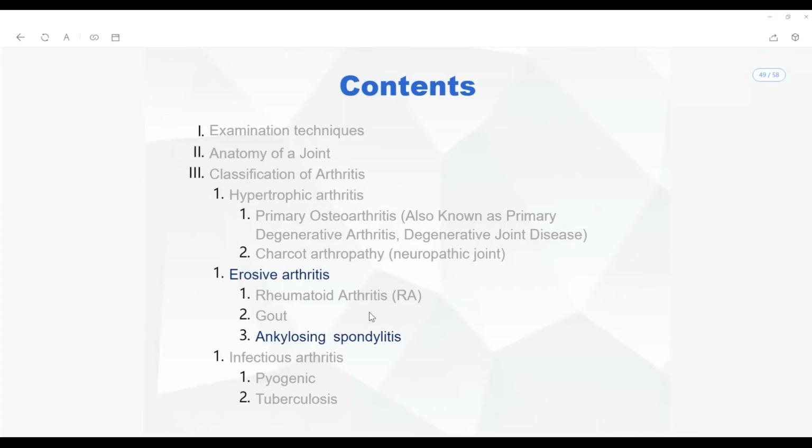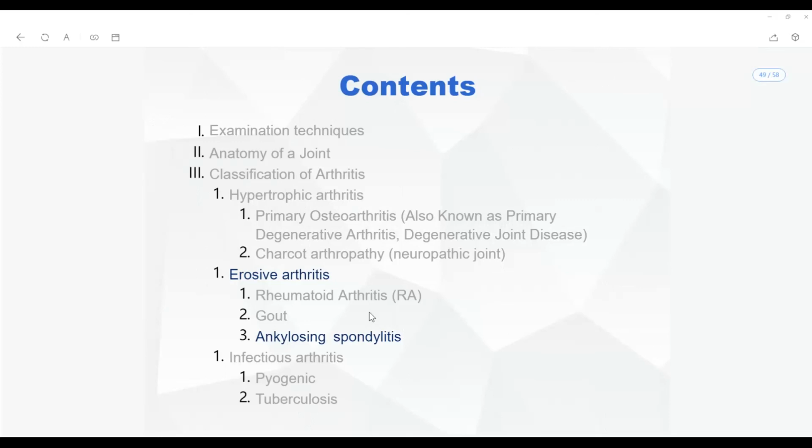What is the difference between osteoarthritis, rheumatoid arthritis, and gouty arthritis, or osteoarthritis, rheumatoid arthritis, and infectious arthritis or reactive arthritis? They will be asking you all these things related to arthritis. What are the main important differences?